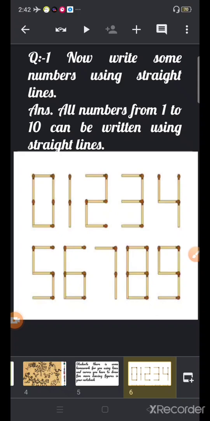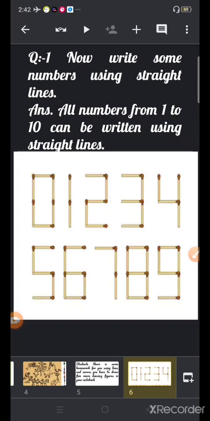What question is given? Now write some numbers using straight lines. All numbers from 1 to 10 can be written using straight lines. Isn't it?